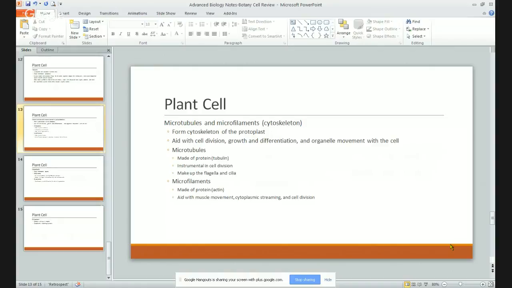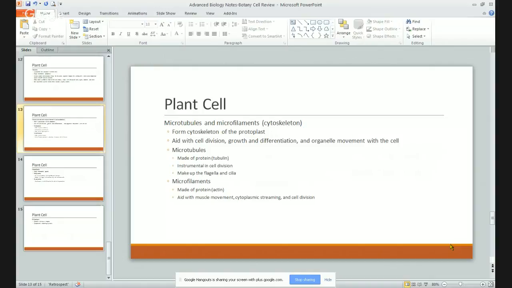Okay, so your next thing is the cytoskeleton. Your cytoskeleton is going to be made up of microtubules and microfilaments. Again, the protoplast is just the cell without the cell wall, so it makes up the cytoskeleton of that protoplast.